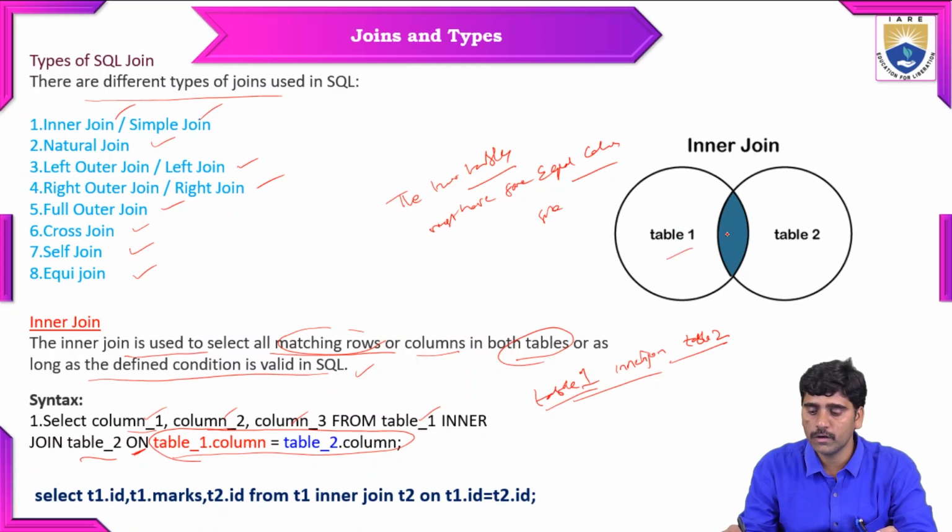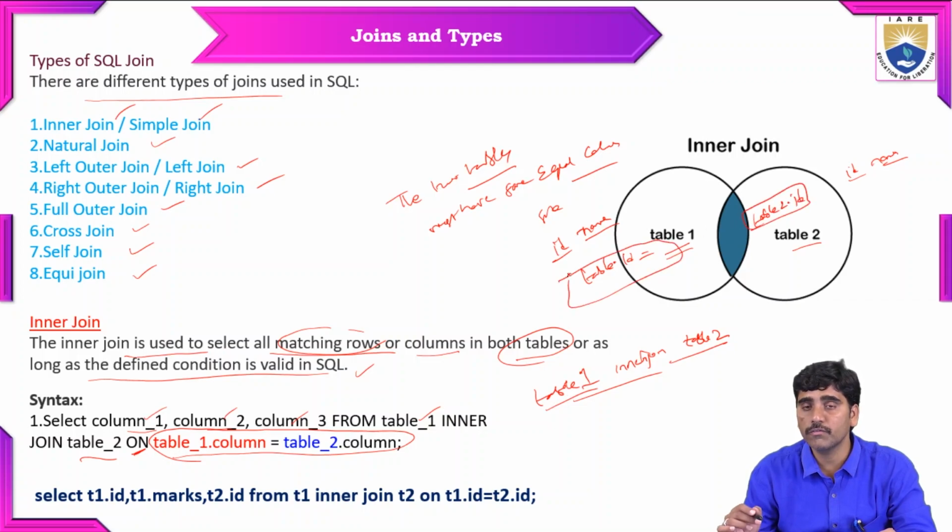This is table 1 and this is table 2, each containing ID and name as columns. So table 1 dot ID equals table 2 dot ID. On this condition, if these two are equivalent, then the two tables are joined together and display the result.